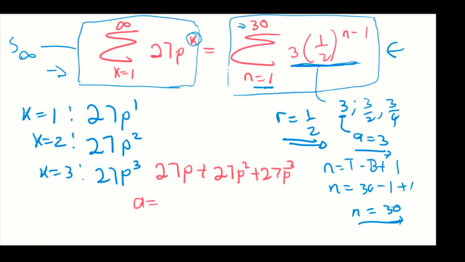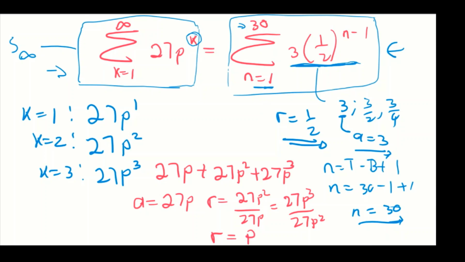So our a value is equal to 27p, and then our r, because this is a sum to infinity, is 27p squared over 27p, which equals 27p cubed over 27p squared. So our r here is going to be p, because the p will cancel the p, remain with p, and the 27 will divide out. So your r is equal to p.